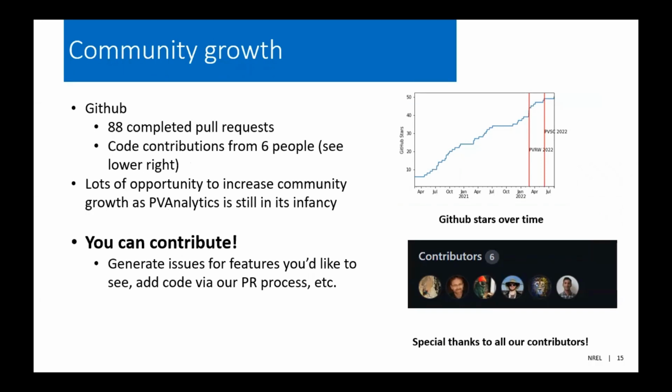This package wouldn't exist without all of them. And since PVAnalytics is so early on, there's a lot of opportunity to really grow this by the community, since it's still in its infancy, and turn it into something that the solar community at large really wants.